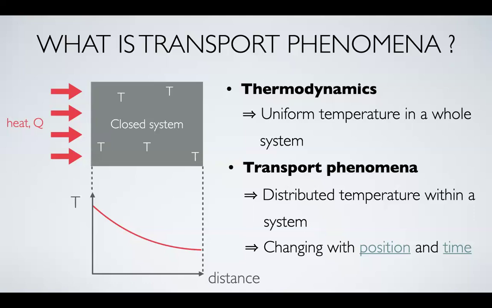Temperature T: if we apply heat and it reaches the steady state, then the whole system has the same temperature. But in transport phenomena, we take a look at the specific area, so the temperature is not equal within the system.